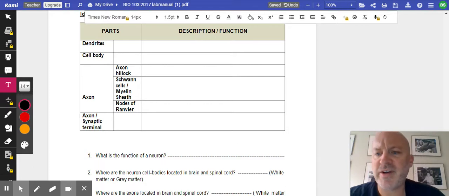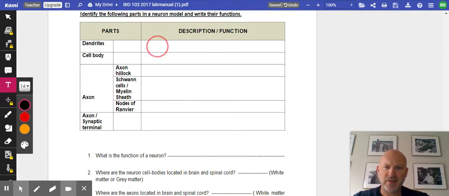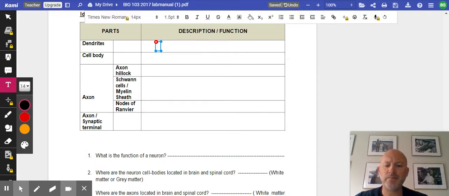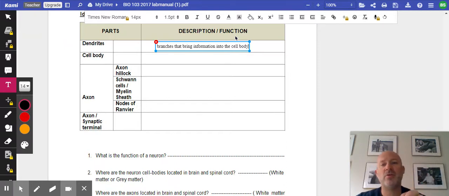So how could we describe these parts? Well, we could say the dendrites are branches that bring information into the cell body. They carry really small signals, which are called graded potentials, right?